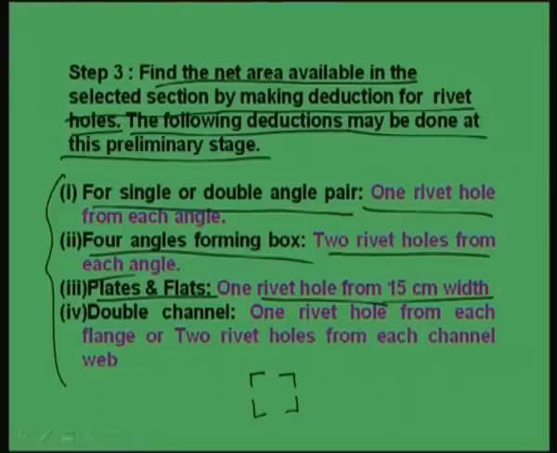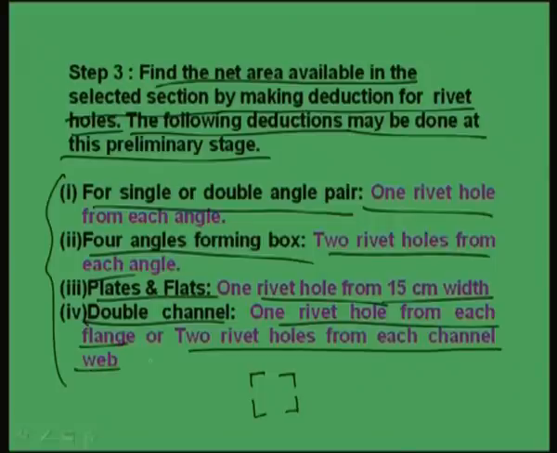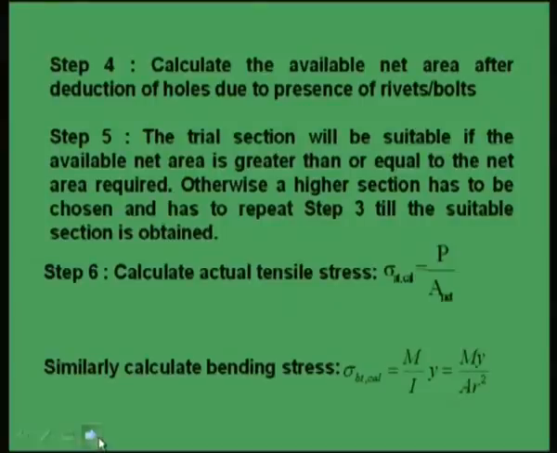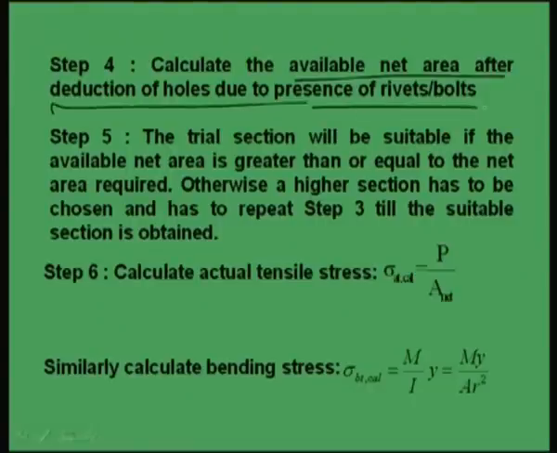So, these are some guidelines through which we can deduct the appropriate area from the gross area. Now, in case of double channel, 1 rivet hole from each flange or 2 rivet holes from each channel can be deducted. So, with these provisions we can find out the available net area after deducting the hole due to presence of the rivets and bolts.